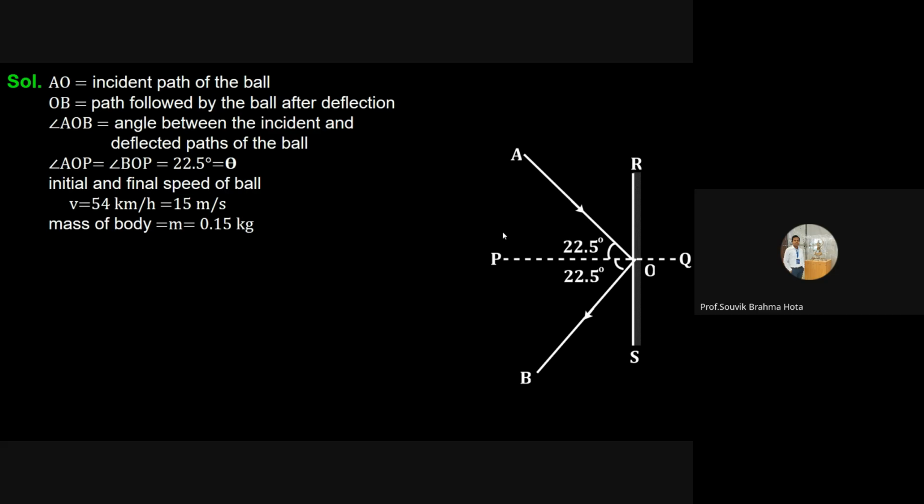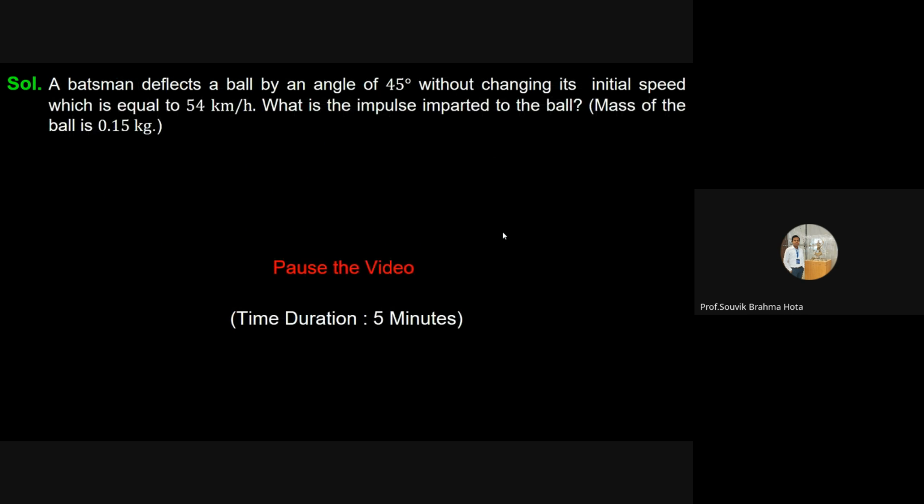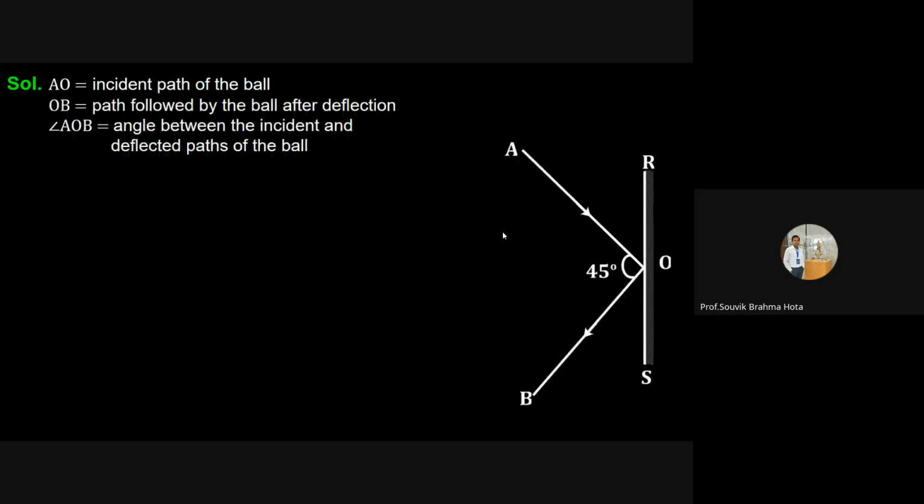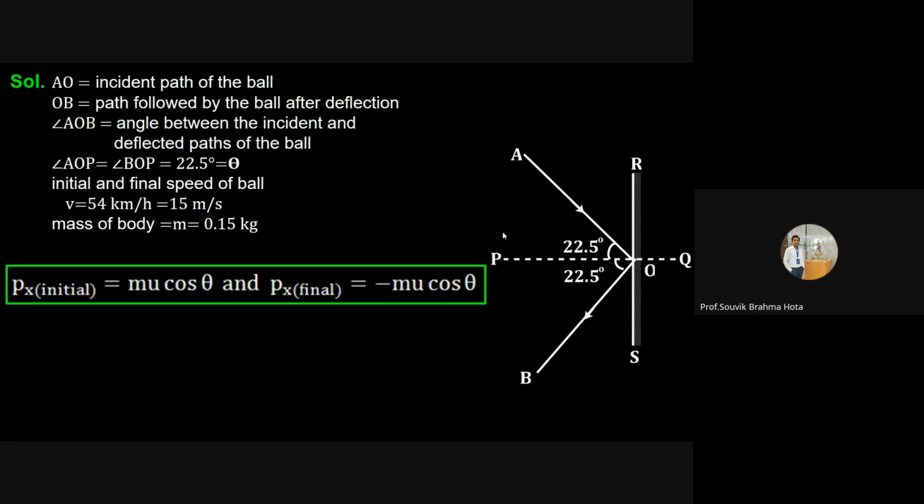Now the initial and final speed of the ball is 54 kilometer per hour. Changing into meter per second, it is 15 meter per second. And the mass of the ball is 0.15 kg. So P initial is equal to mu cos theta.